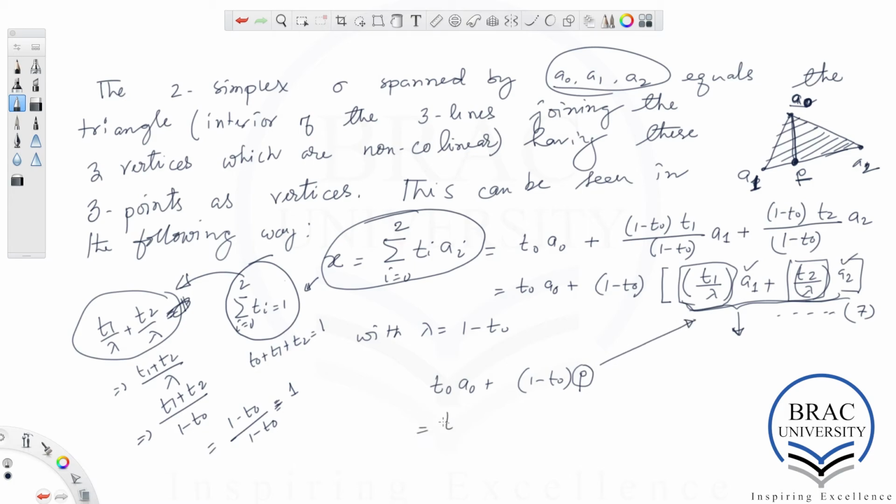So this is nothing but T0 A0 plus 1 minus T0 times this expression, T1 over lambda times A1 plus T2 over lambda times A2. So the final expression is the coordinate of a point lying in this region.